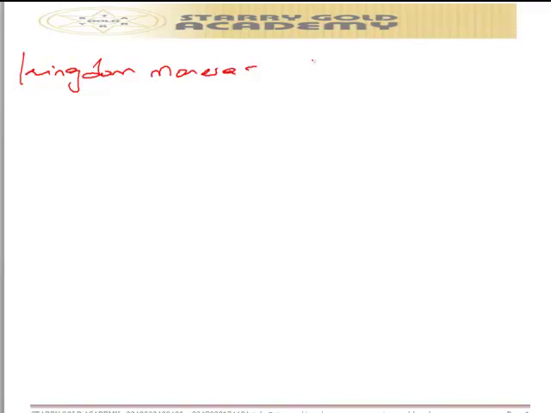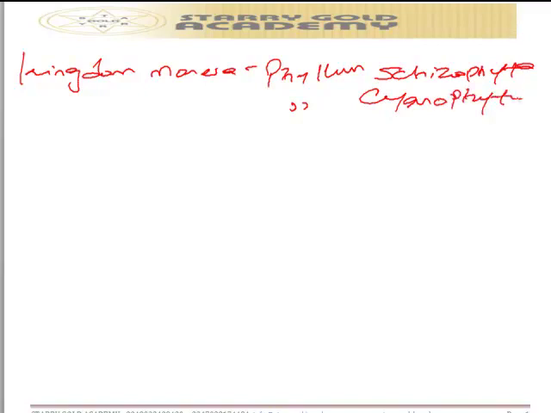The kingdom Monera has two phyla: phylum Schizophyta and phylum Cyanophyta. That's the two we have.